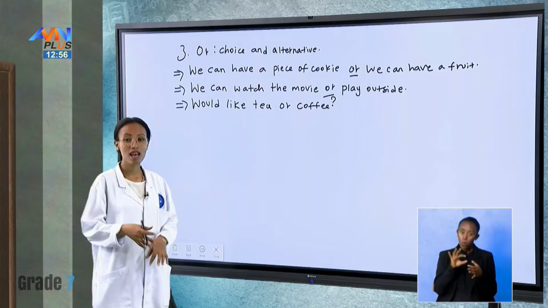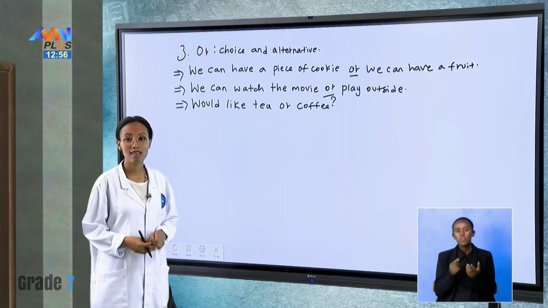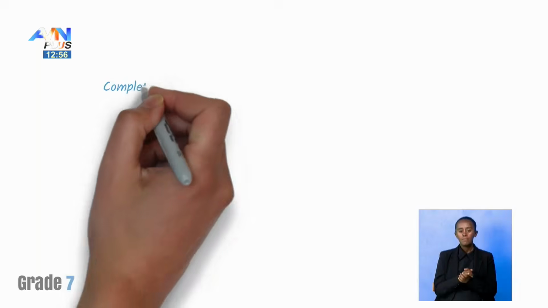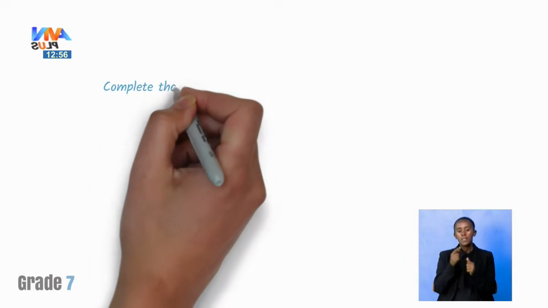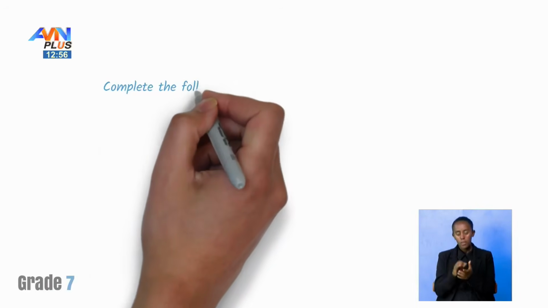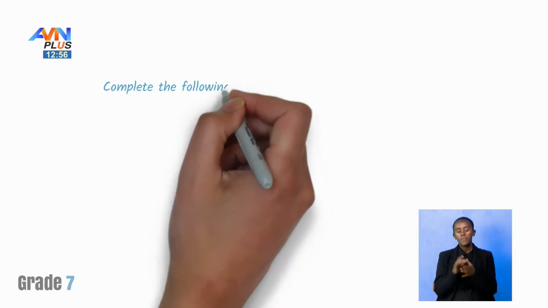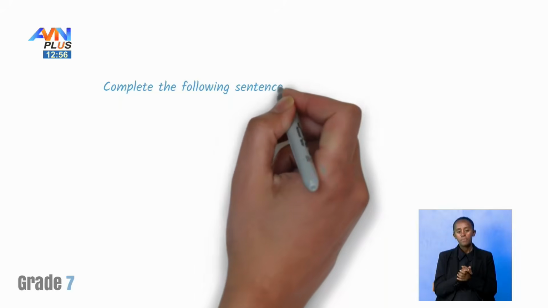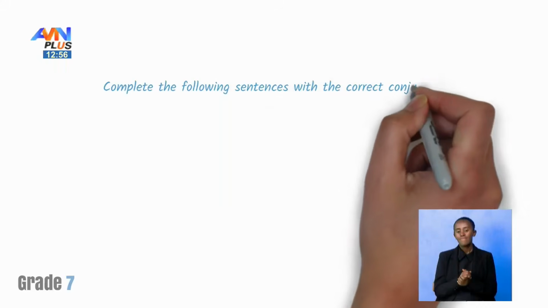So that is what we said about coordinating and subordinating conjunctions. Let's do a few exercises and see how well you remember them. Complete the following sentences with the correct conjunction.